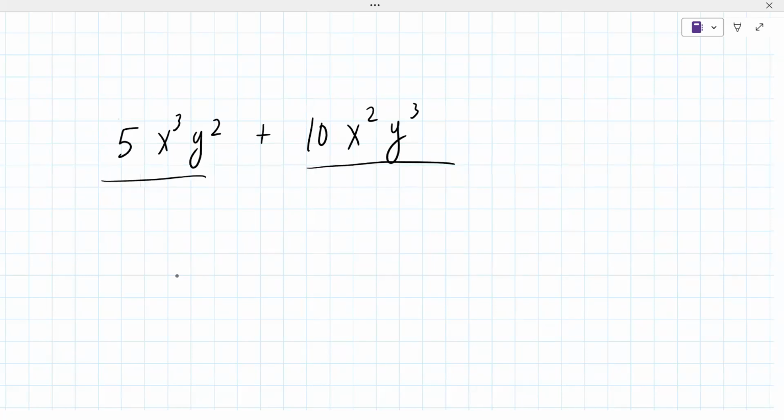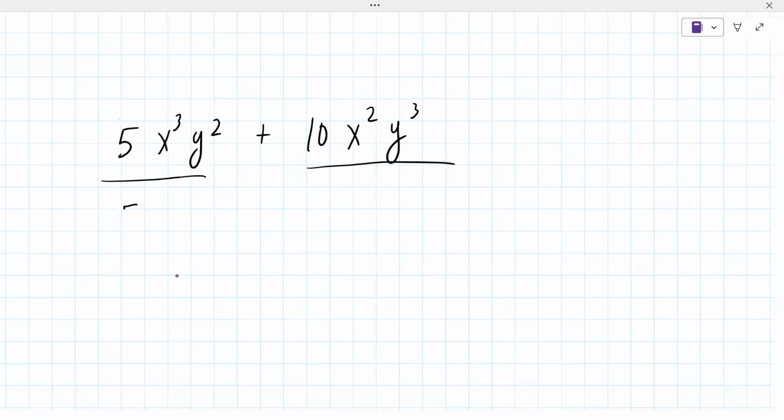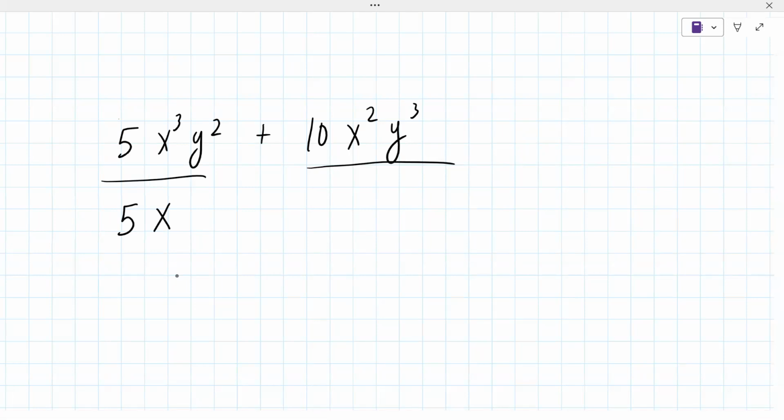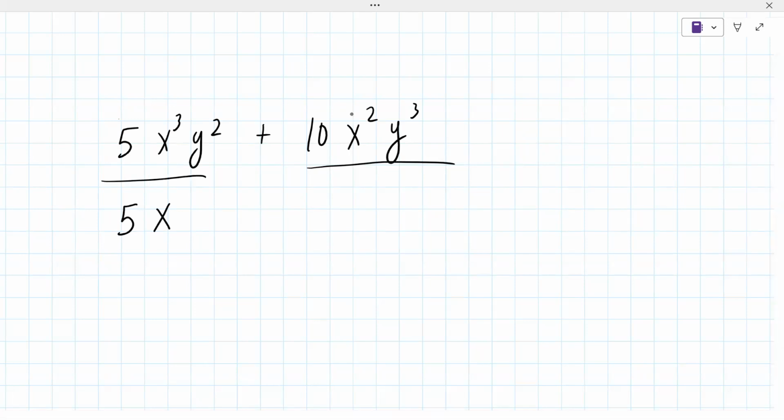Tell me, see if you can figure that out, please. It would be 5x into both. Okay, x to what power? 1. What's the smallest exponent between x cubed and x squared? x squared.